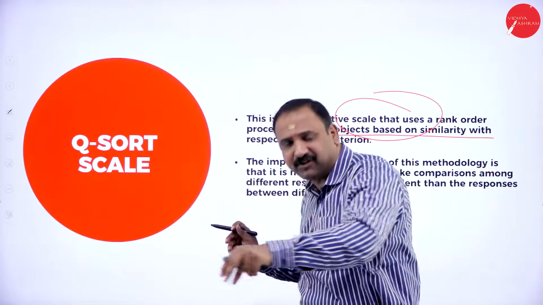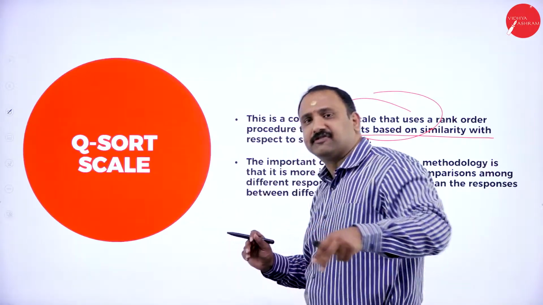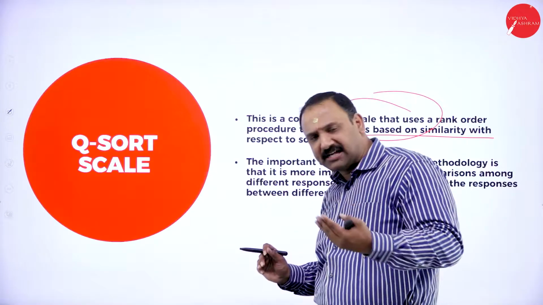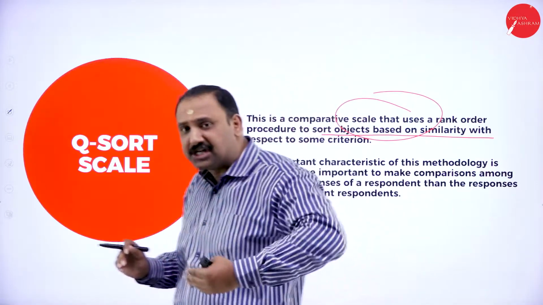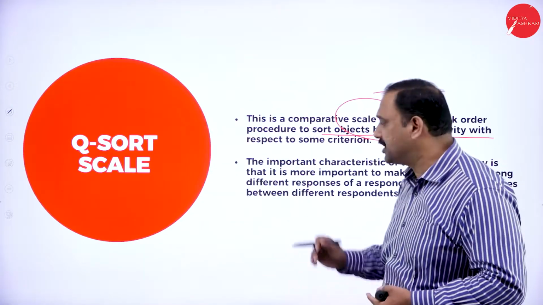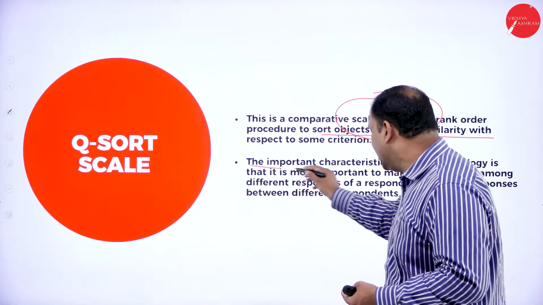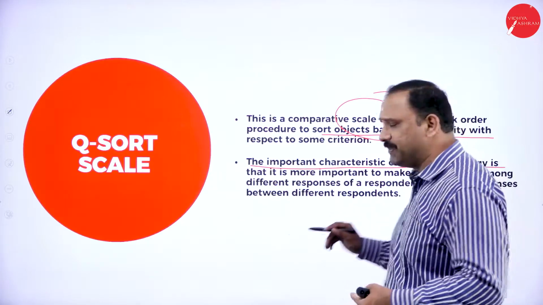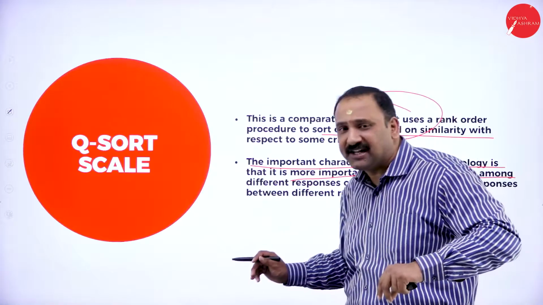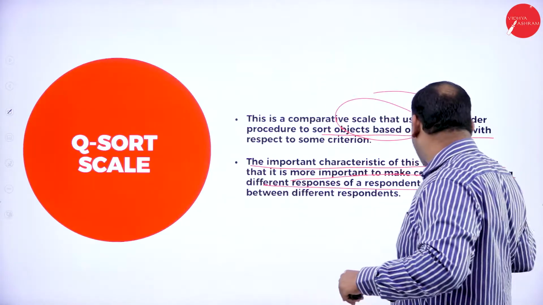So the same variety, the same range of smartphones under the criteria you have taken, even the price range would be the same, and the features would be as close as possible. All those things come into the picture. The next important characteristic of this methodology is that it is important for making comparisons among different respondents.